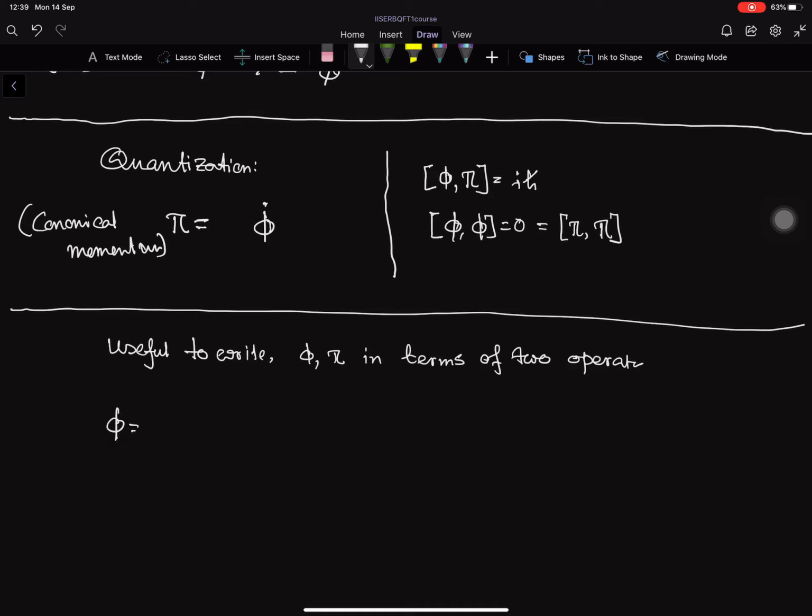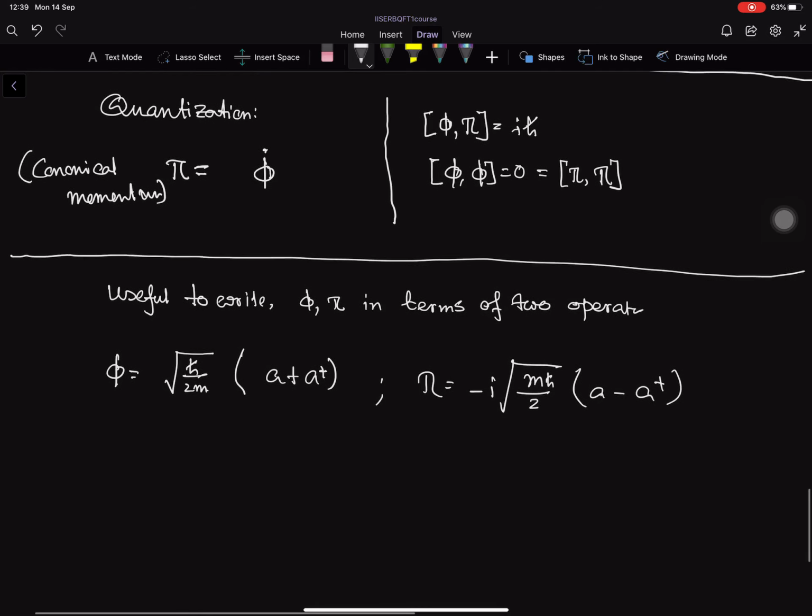The way we write it is that phi is simply the square root of h bar by 2m, times a plus a dagger, and pi is minus i times the square root of m h bar by 2, times a minus a dagger. You can verify that phi dagger is phi and pi dagger is pi. The way we wrote it, we made sure of this.